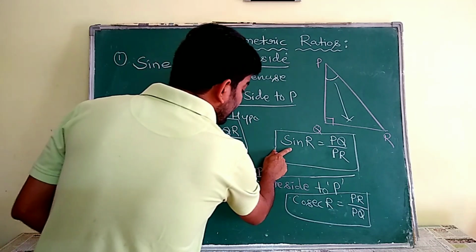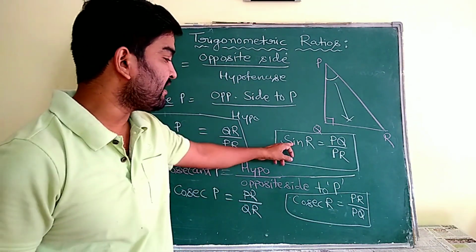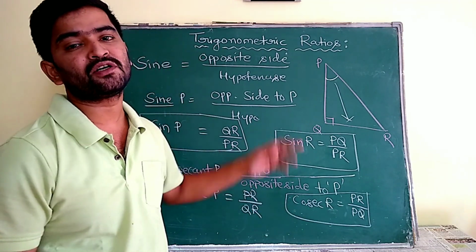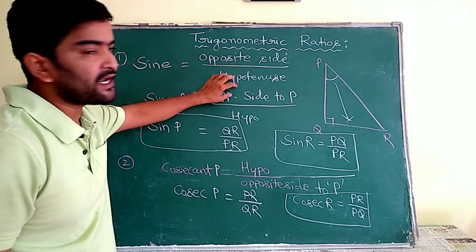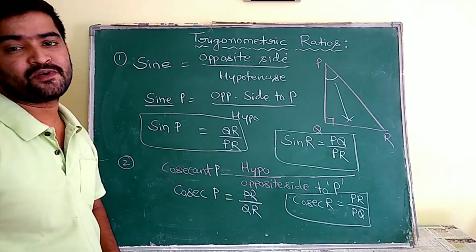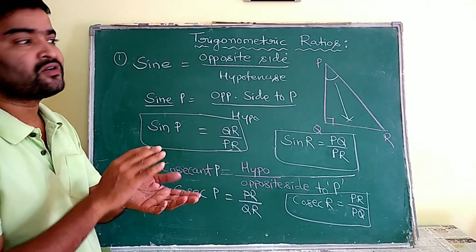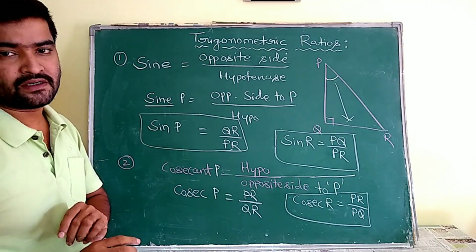Similarly, sine R into cosecant R is equal to 1, because sine R is reciprocal to cosecant R and cosecant R is reciprocal to sine R. Sine is equal to opposite side by hypotenuse, and cosecant P is equal to hypotenuse by opposite side. So these two are reciprocal to each other, and sine into cosecant gives us 1.